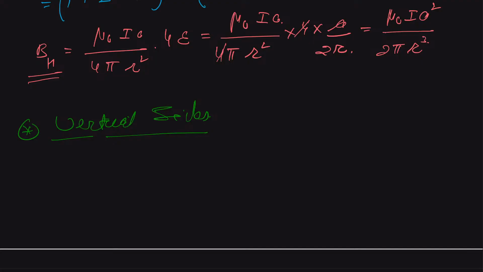Now we are only interested in the vertical portion. This was our A, B, and C and D. So this was the center here and point P. Okay. So if point P is very far, we can say the vertical sides are making an angle of theta. Okay.